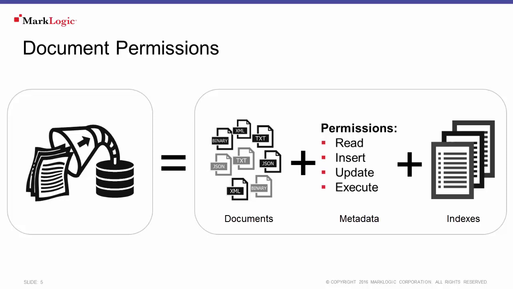Managing permission metadata lets you control which roles, and therefore which users, can read a document, insert new content into a document, update existing content or nodes within a document, and that also includes delete. And in the case of code stored in a modules database, this will determine which roles can execute that code.